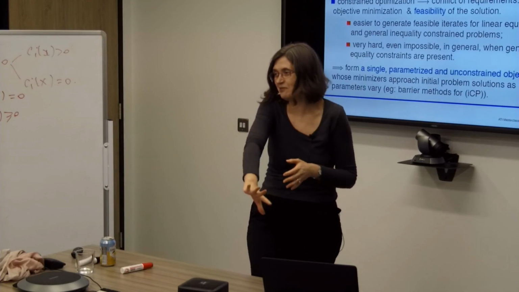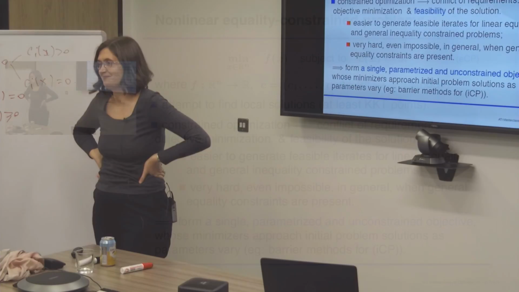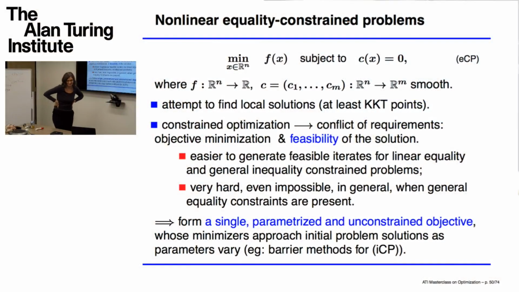So you can understand what follows, I think, even if you didn't understand anything about KKT points. So I will talk about two example methods for constraint problems: the penalty methods and interior point methods, and they both operate in the following sense.